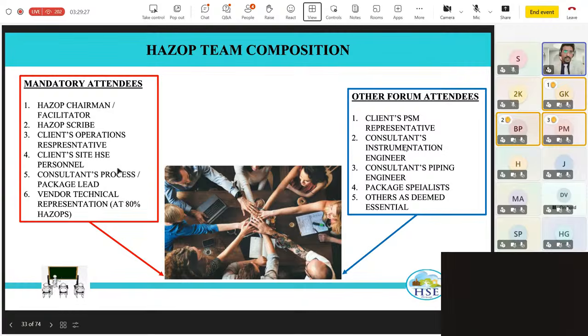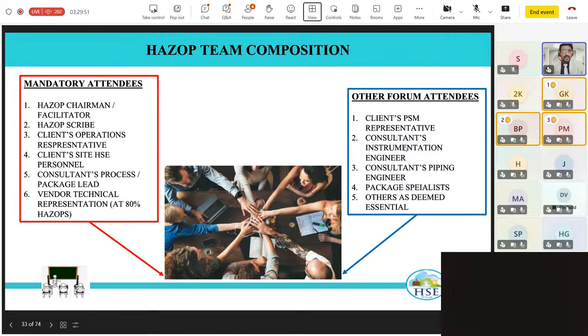Without any of these mandatory attendees, the HAZOP chairman has the right to call off the session. And there are instances where we are compelled to do that without an operations representative, because for a vendor, the end client could be an EPC. For an EPC, the end client would be an operating company, an E&P (exploration and production) company, or, for example, a manufacturing company.